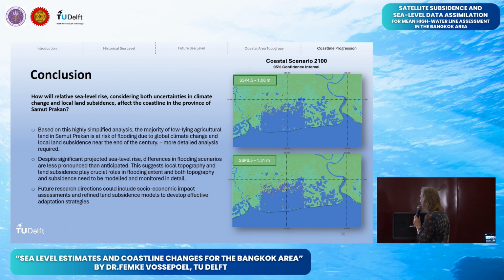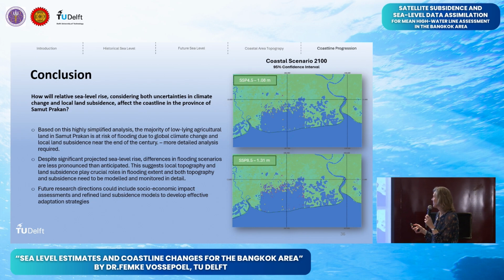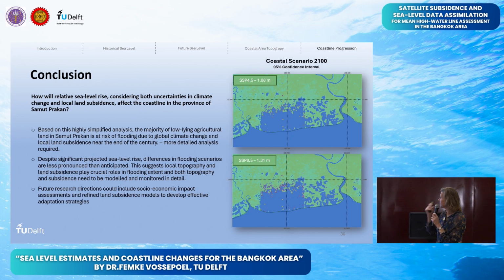With these very preliminary results, the conclusion of Tijmen was that it's clear that the majority of the low-lying agricultural land in Samut Prakan is at risk if the subsidence estimates of Jenny for the different scenarios are actually working out the way that Tijmen modeled this.